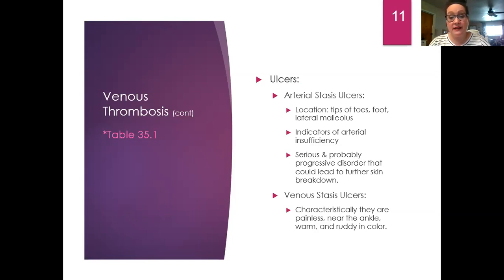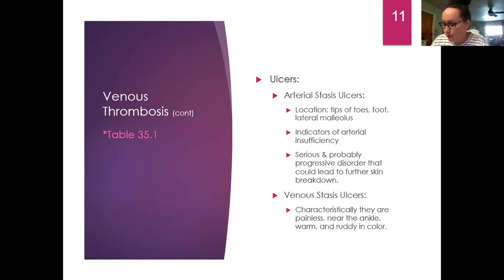With venous stasis ulcers, characteristically they're painless. They're near the ankle, they're warm, they're ruddy in color. And so you want to be able to differentiate between one and the other. Is it venous? Is it arterial? Make sure you pay attention to that.